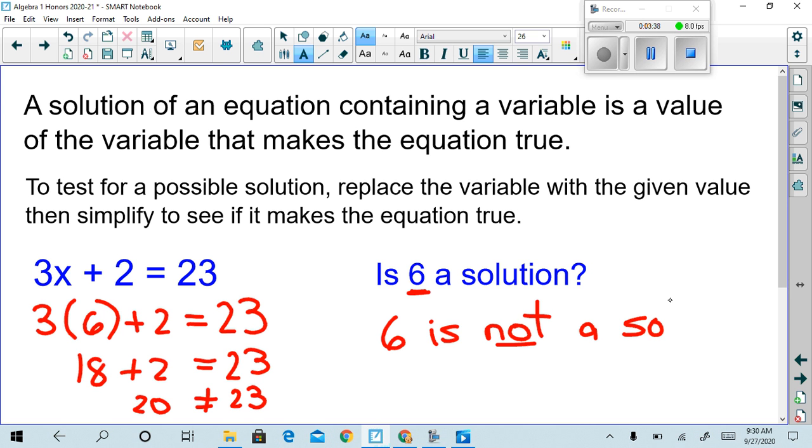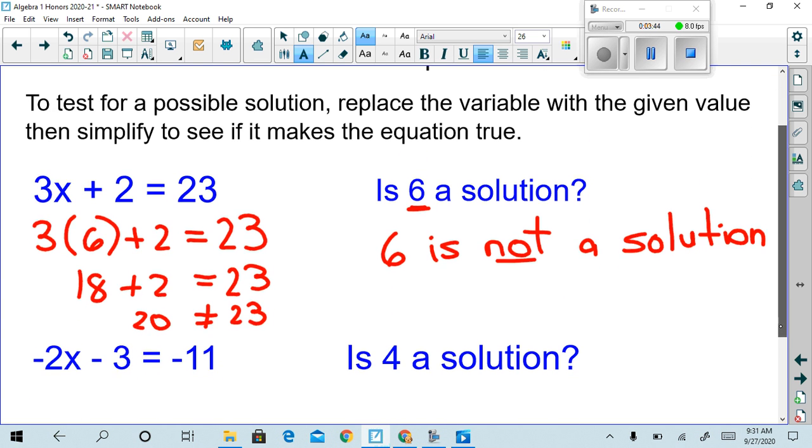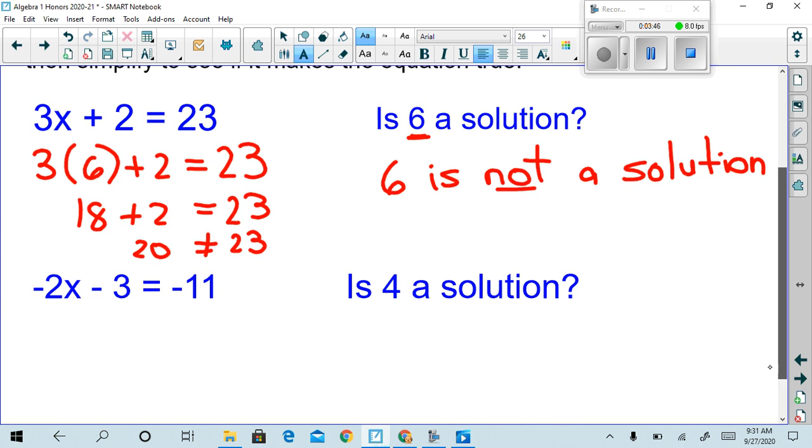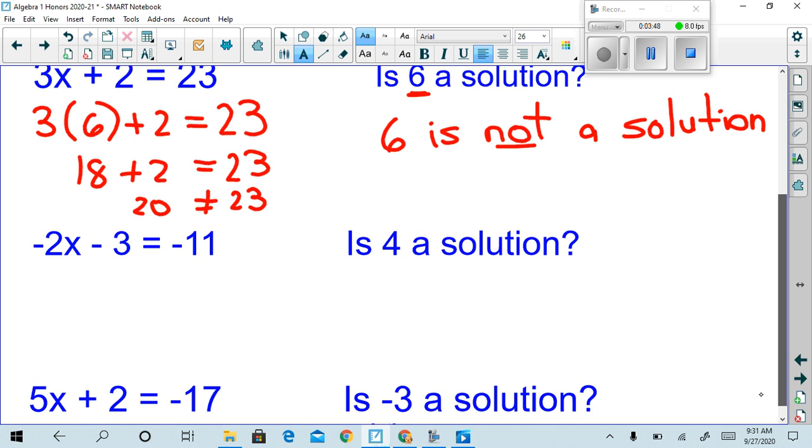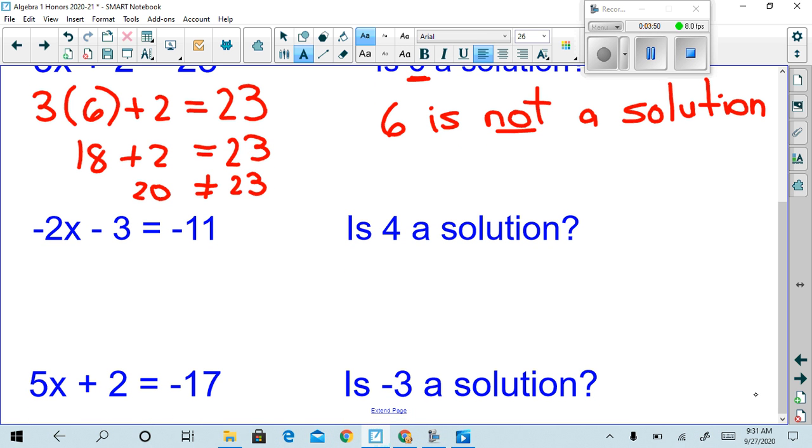Again, I'm not asking to solve, I'm just asking to test out a possible value. So this is not a solution. Let's take a look at a second problem and a third. So go ahead and try these. Take the variable out and replace it with the given value.